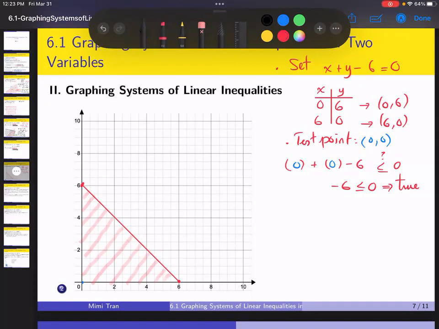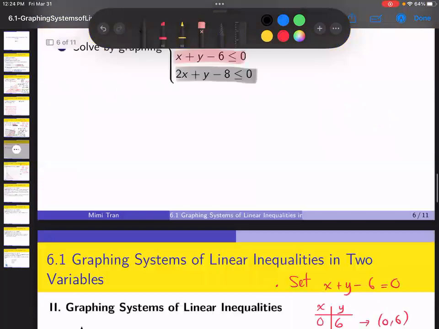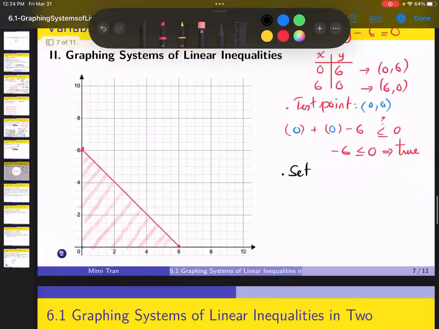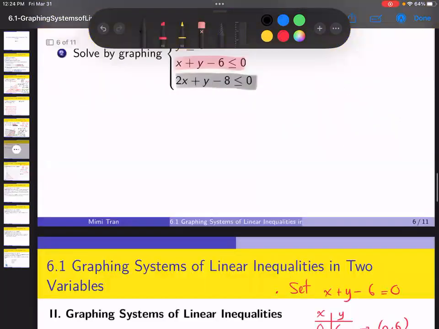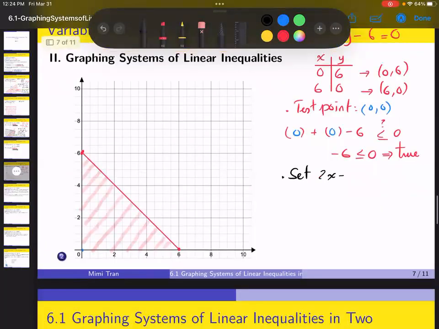Yay, we're done with that part. Now the second one, set 2x plus y minus 8 equals 0. If I let x equal 0, y is 8.